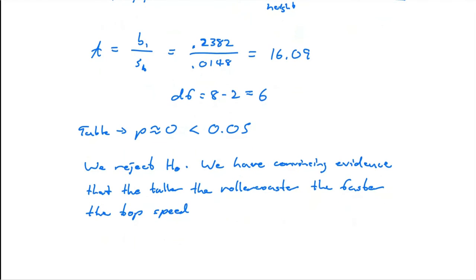And that is because we concluded from the alternative that the slope is greater than 0. Right? So because of that, we've got that positive correlation: the taller the roller coaster, the faster the top speed. Okay, now that's the problem.